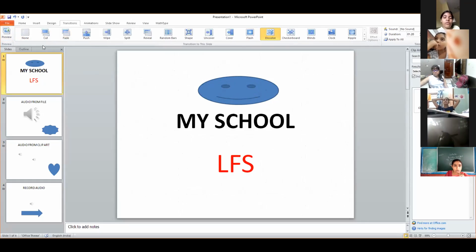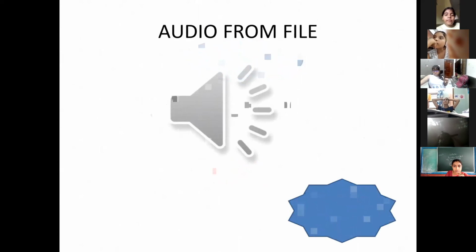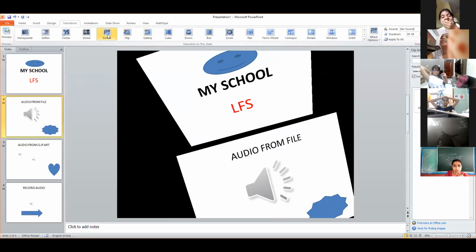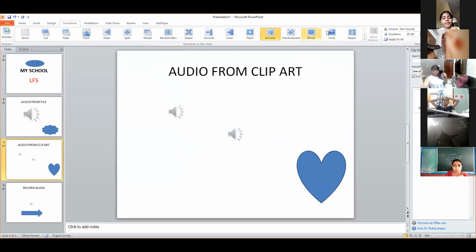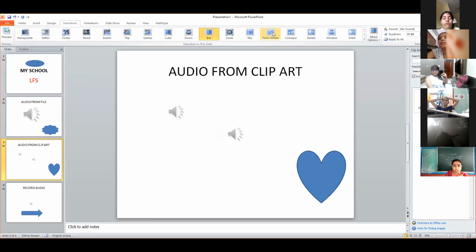I want to see all. This is dissolve. Now I want to change. Here, the first slide is dissolve. Next one I want it to be different. Third one, and the fourth one.